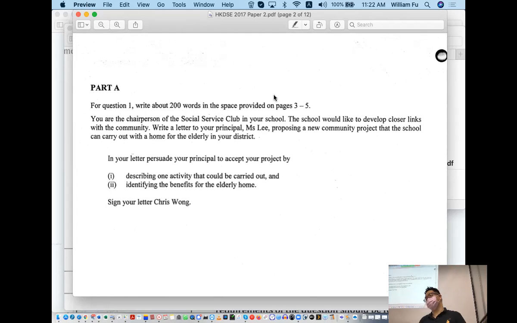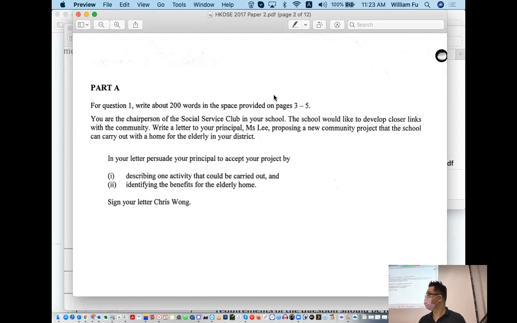You know what was the problem for that year? We went to that secret page on IG, and some DSE, even band one students said, oh no, I'm dead, I misinterpreted the question. First of all, what is the meaning of home for the elderly?